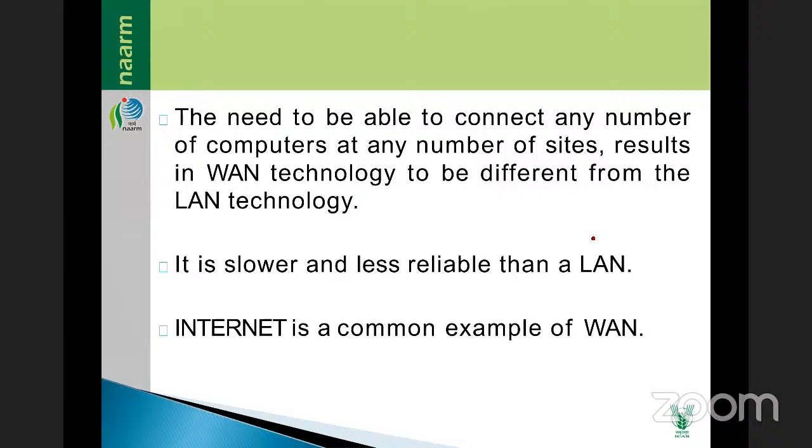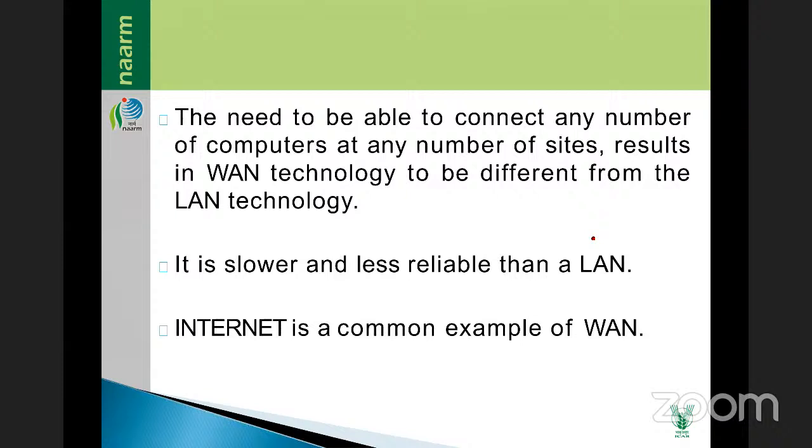Suppose one company, for example a fertilizer company like Coromandel, has different units and wants to connect their separate networks. Then they can go for WAN connection technology. It is slower and less reliable than LAN.